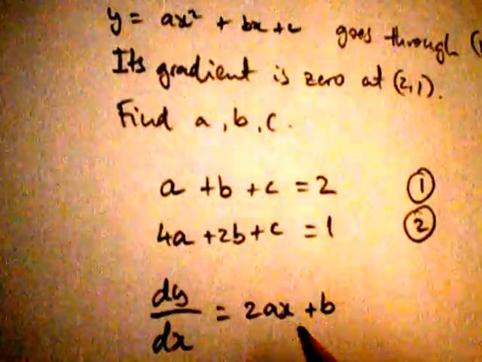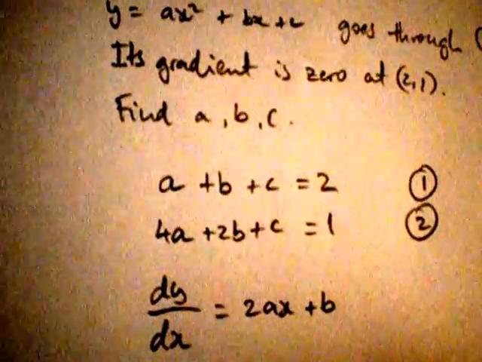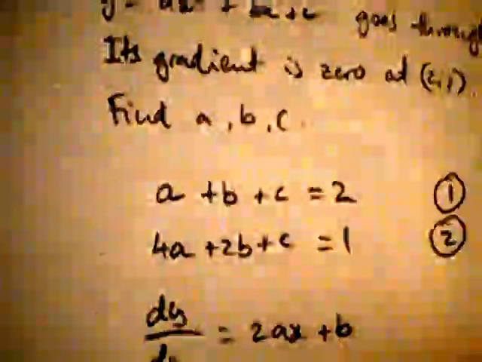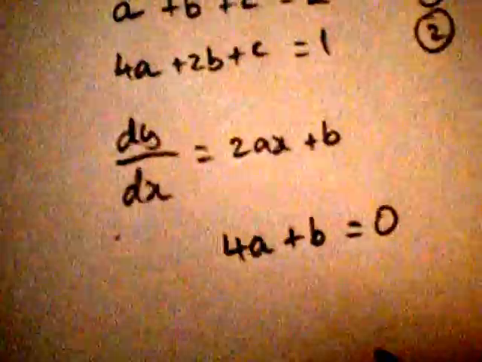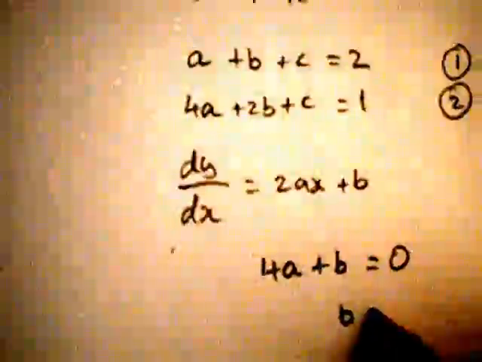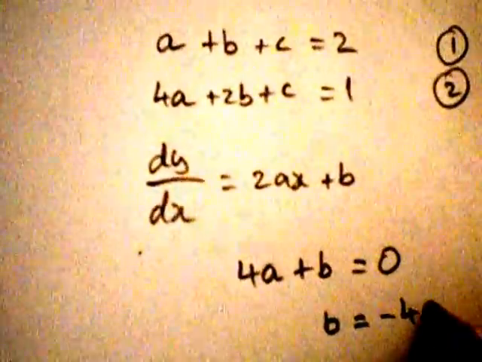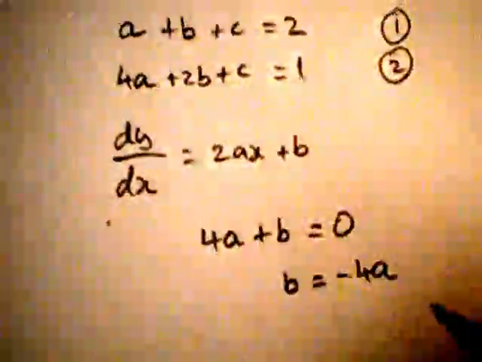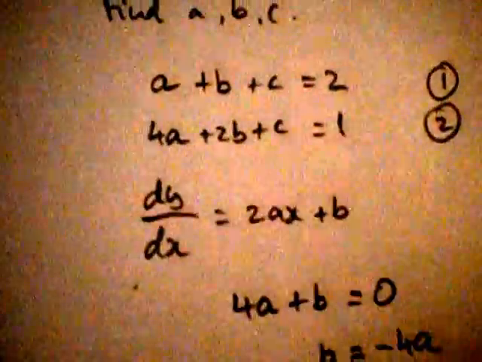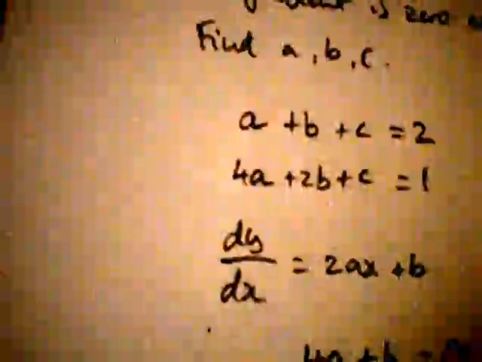In other words, 2 times 2 times a, or 4a, plus b equals 0. Just rearranging that slightly, we can define b as negative 4a. Okay, and that now gives us a third equation that we can use.